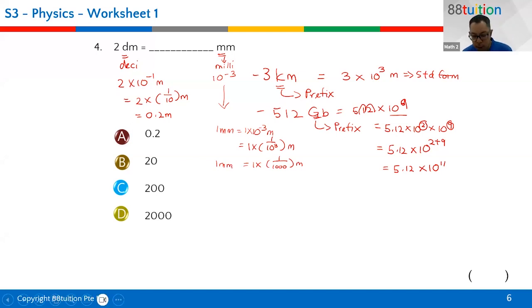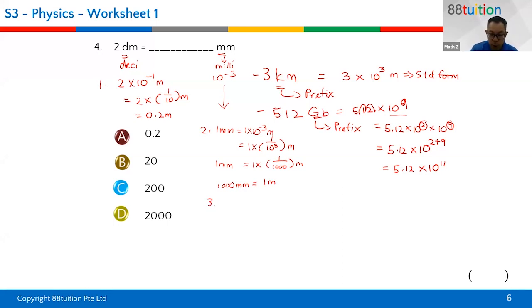So 1 millimeter is 1 times 1 over 1,000 of a meter. So if you do your math, you carry off the 1,000 in the denominator, both sides become 1,000, so 1,000 mm equals 1 meter. Okay, so this is my first step. Second step, this is my third step.